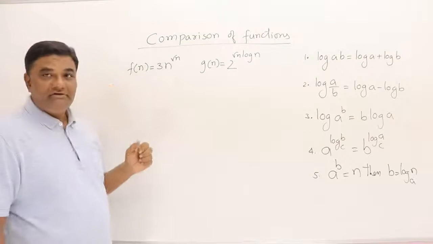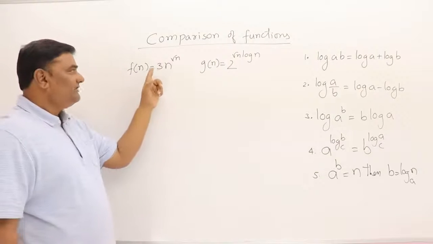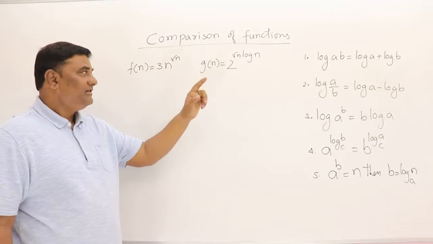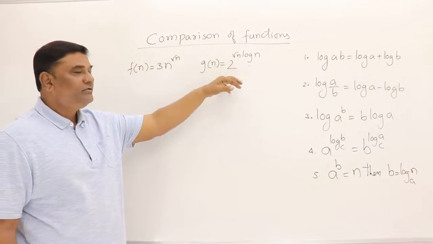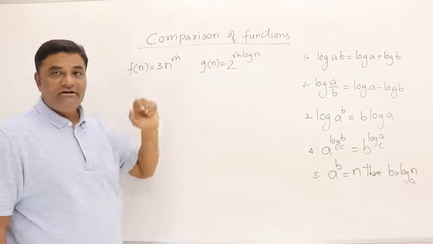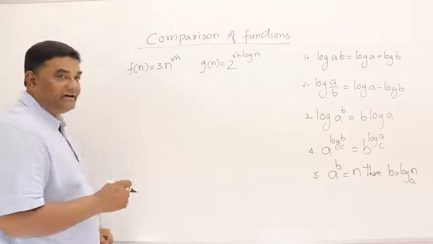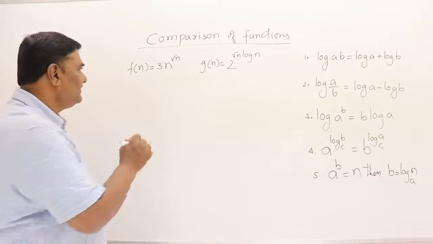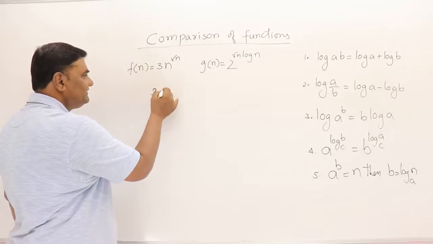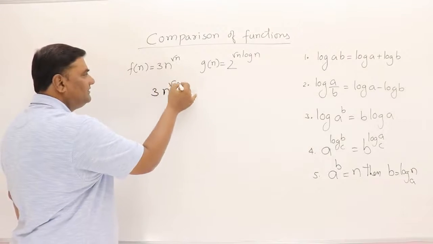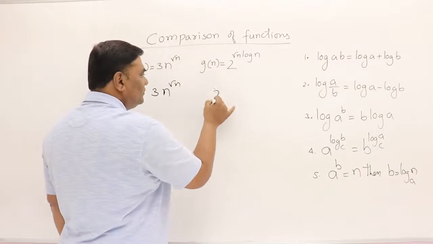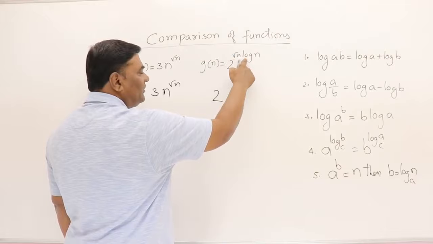Now, second example. f(n) is 3 n power root n and g(n) is 2 power root n log n. Let us compare. So for comparing, I'll first write it as it is, 3 n power root n, and this is 2 power root n log n.